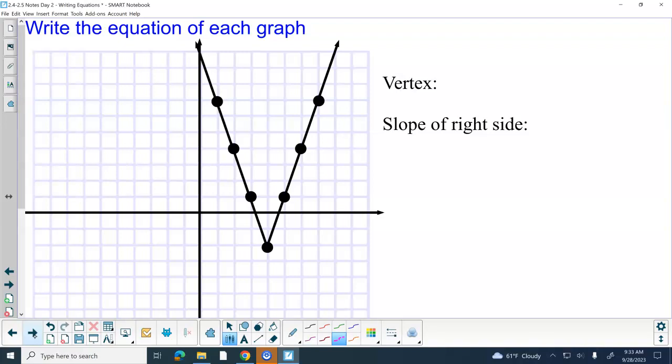So based off of this, I blew it up so it's big enough for you guys to figure it out. You find me the equation of this absolute value. So you should have gotten 4, -2 for your vertex.